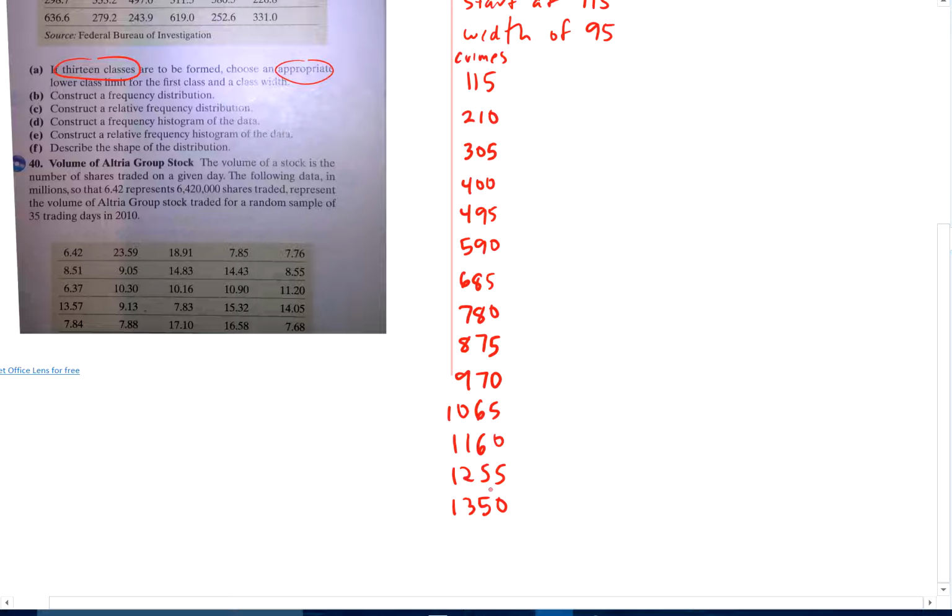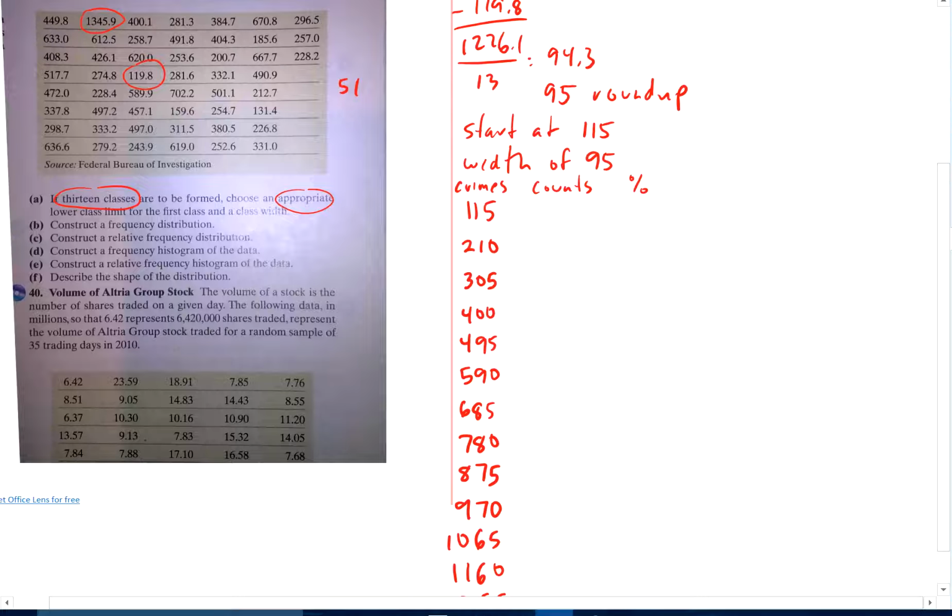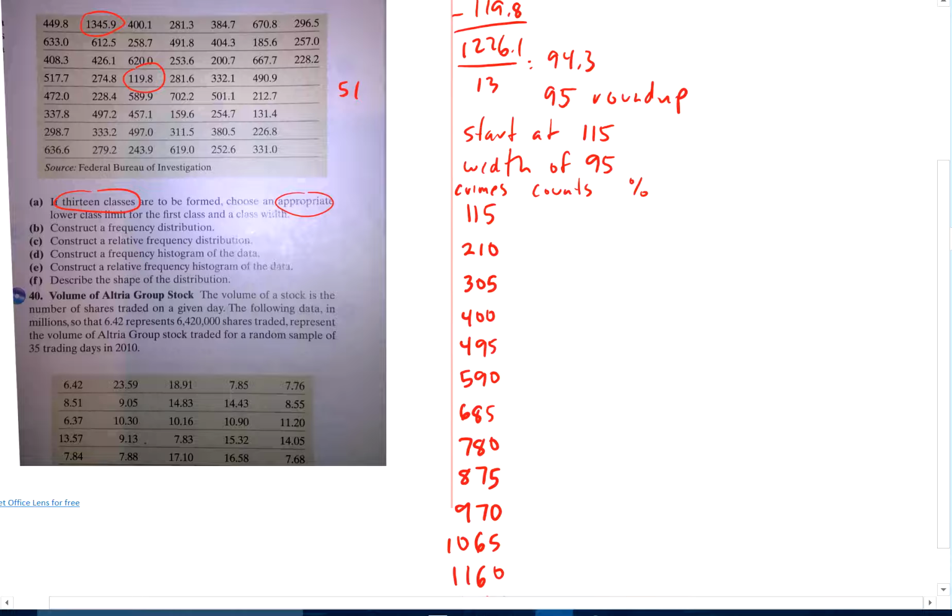Okay, so now we're going to do counts, and then we'll do percents. So, counts. Alright, I'll do the first one here and then the rest will go off video. So between 115 up to but not including 210.